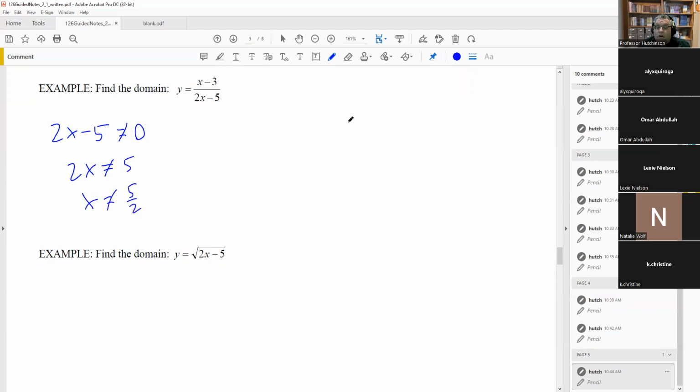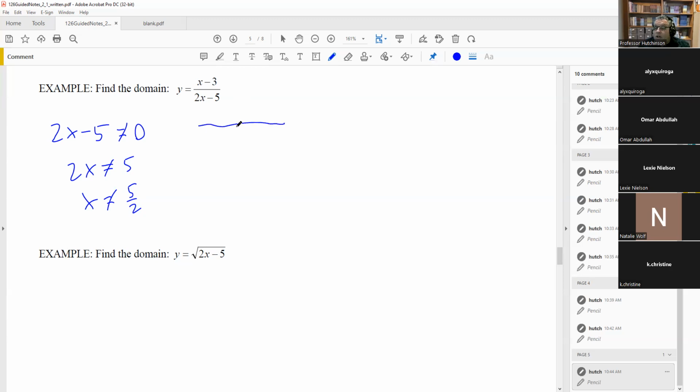And what I come up with here is that x is not equal to 5/2. That means that any other number I put in here is fine. I just can't have 5/2, because if I put 5/2 down here, I get 0, and I can't have division by 0. So I want to write the interval notation that includes all the numbers except for 5/2.